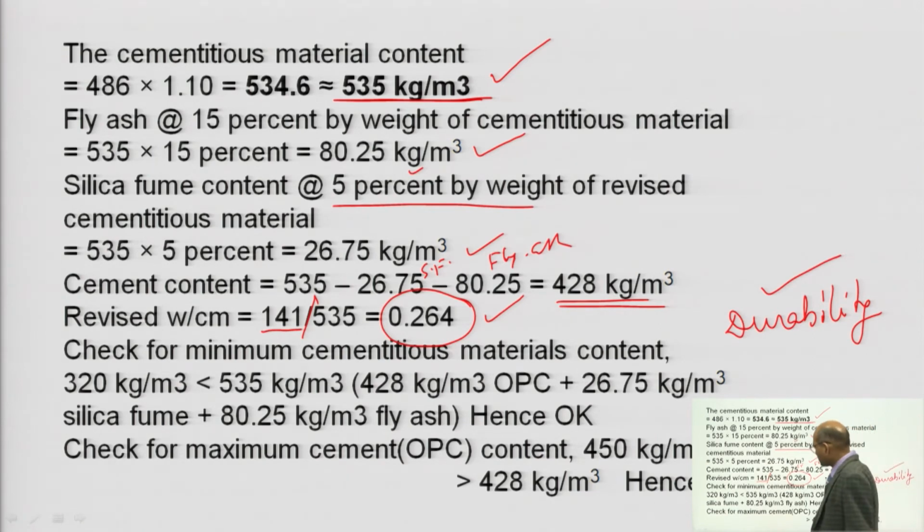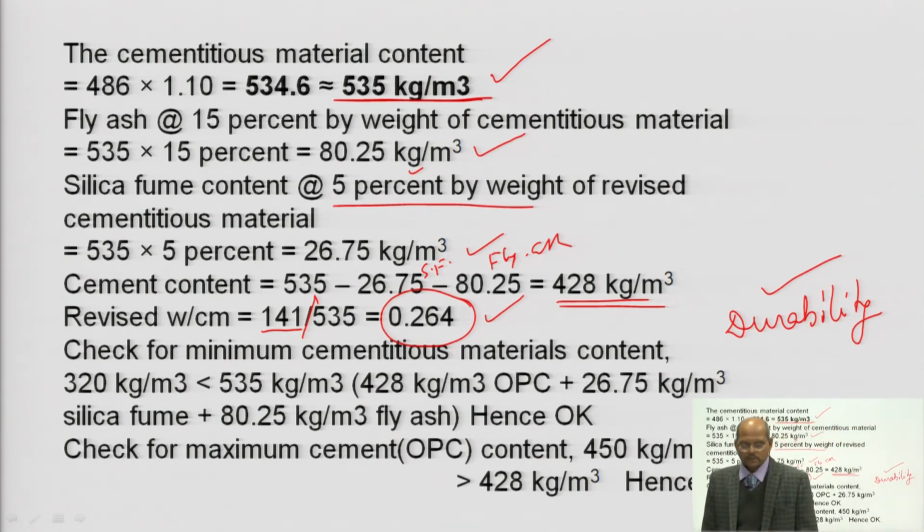Now, you check for the maximum cement. You cannot use more than 450 kg per meter cube of Portland cement. Okay. So, the maximum OPC is 450. Here we are using mineral admixture, and so our reduced cement quantity is 428 kg per meter cube. Hence okay.